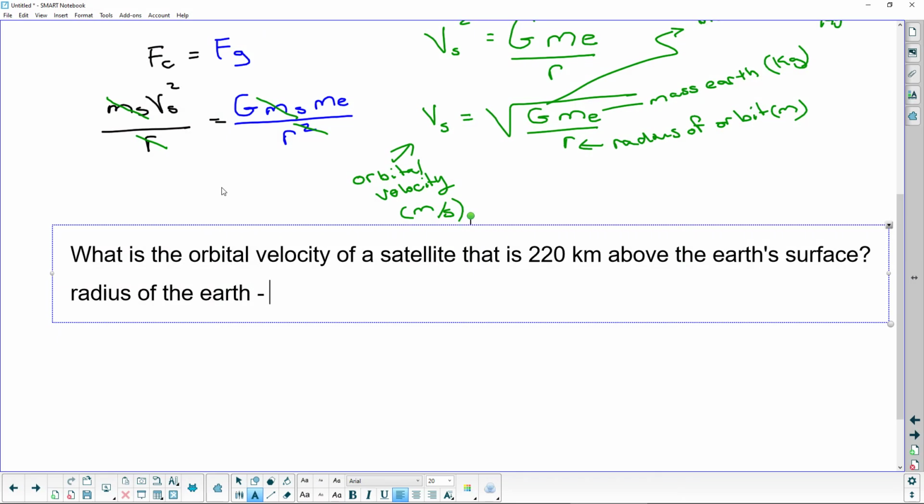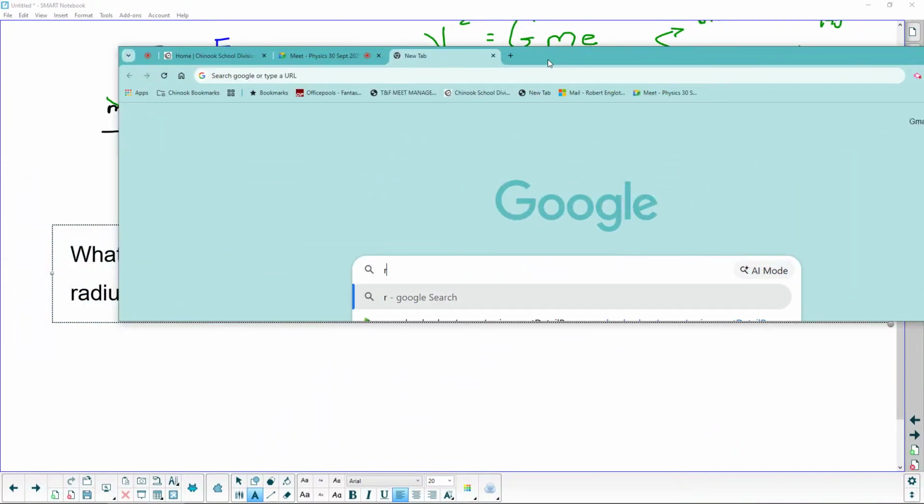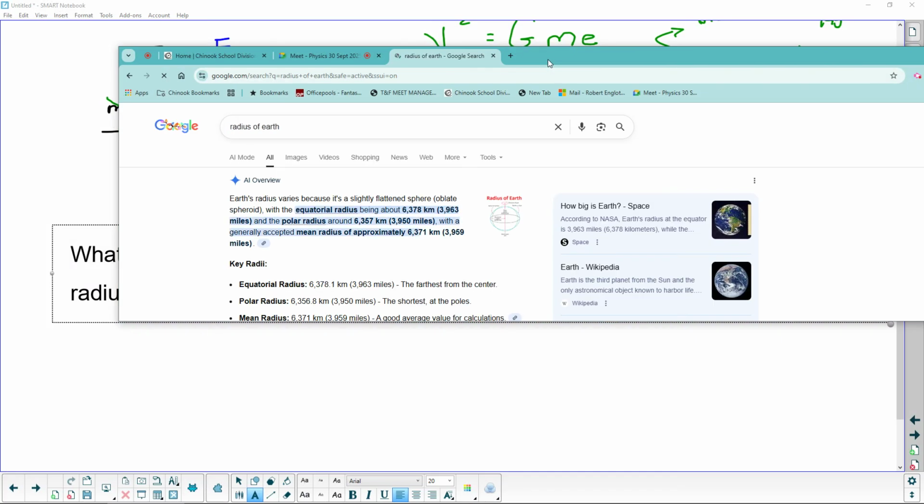If we look it up, the radius of the Earth is about 6,378 kilometers at the equator, and the polar radius is 6,000 something.